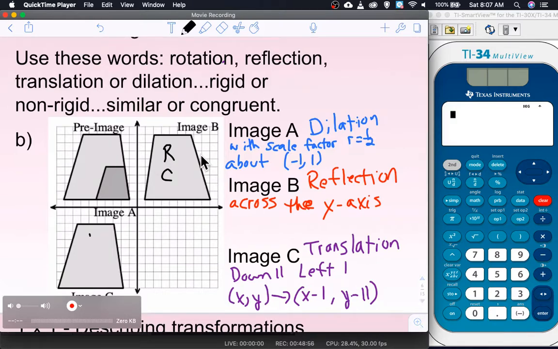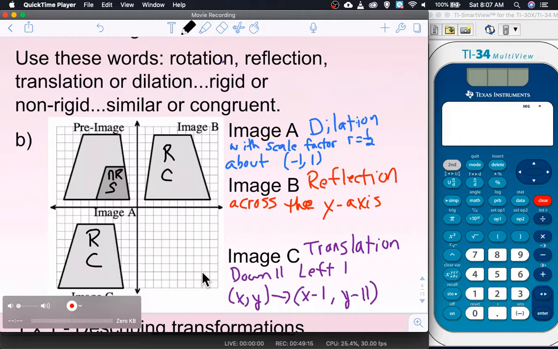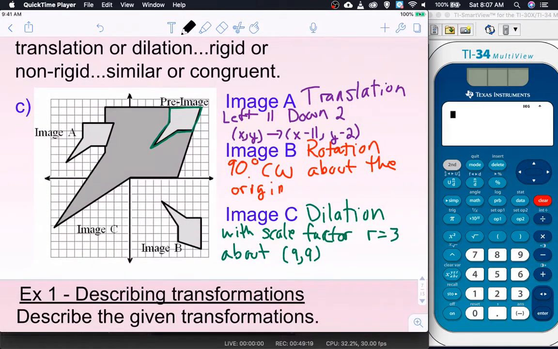Image C is rigid and congruent. It's made from a piece of wood. They're exactly the same. They're identical. Image A is not rigid, but it is similar. Similar is the same shape, but a different size. Okay, so anything that is identical was a rigid transformation.